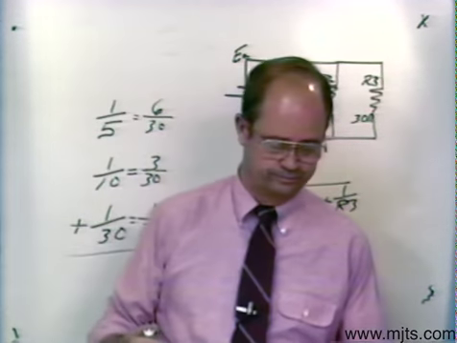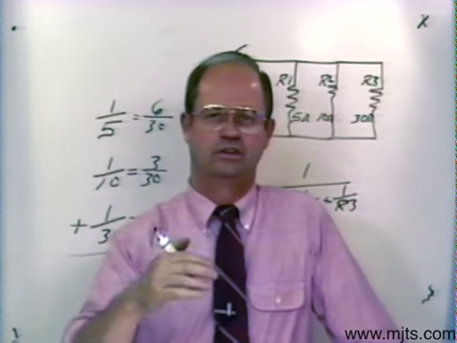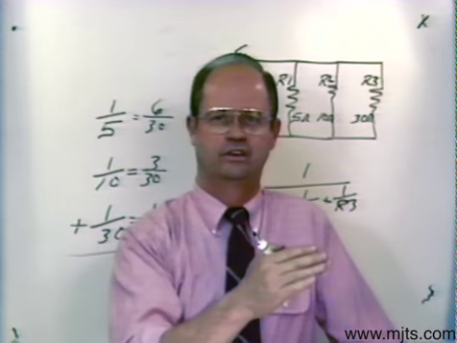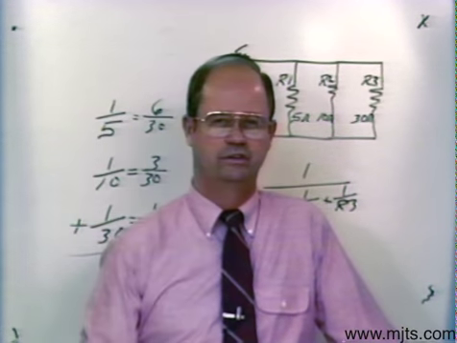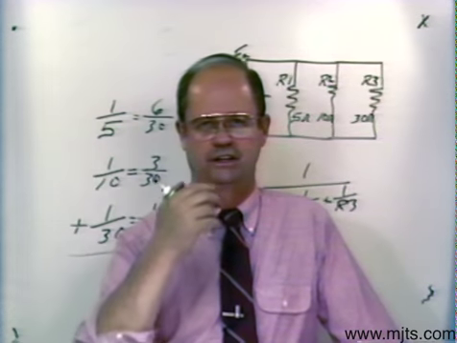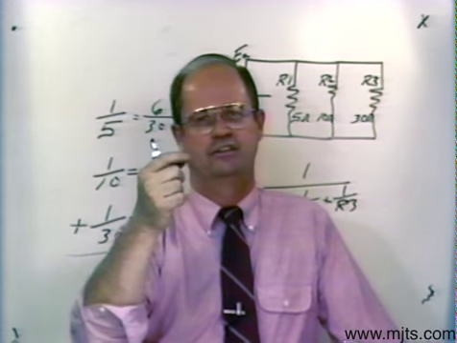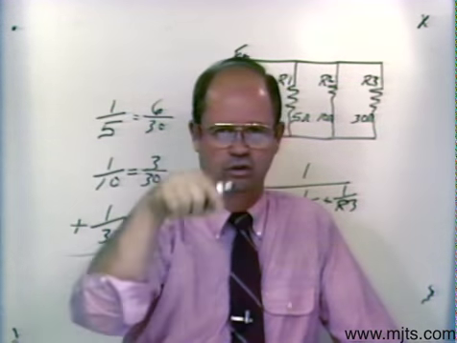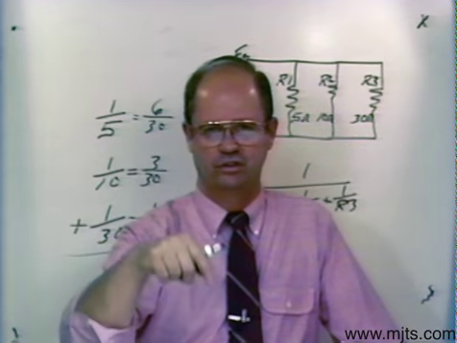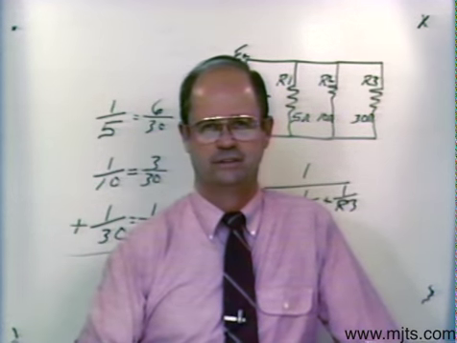Now you'll know you have to have a value that's lower than the lowest resistor there. Resistors in parallel are inversely proportional, which means that the more I put in parallel, the lower my resistance is going to be. That's an inverse relationship.